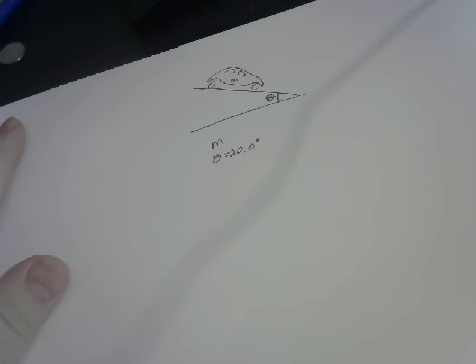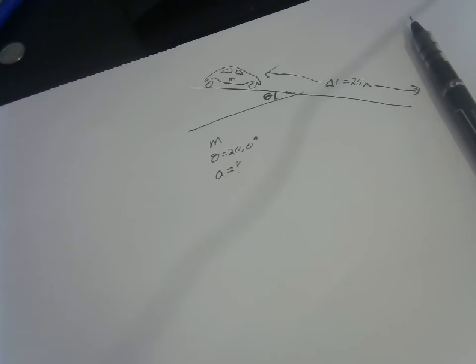Determine the acceleration of the car, assuming that the incline is frictionless. If the length of the driveway is 25 meters and the car starts from rest at the top, how long does it take to travel to the bottom? In part C, what is the car's speed at the bottom?